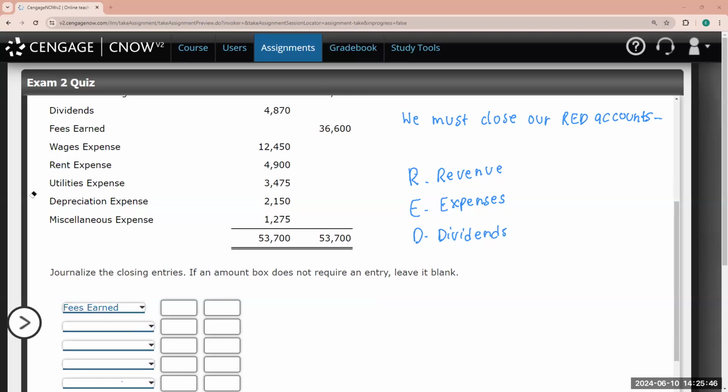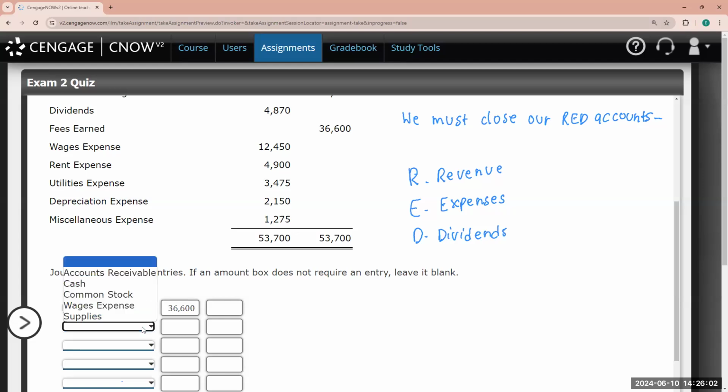We want to get rid of it. So our fees earned, we essentially need to decrease this balance for $36,600.